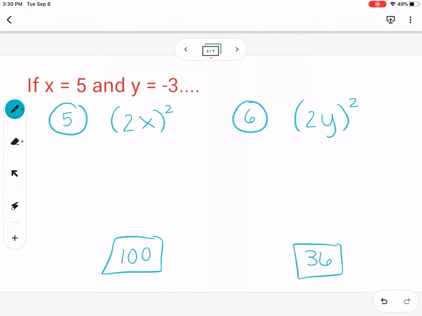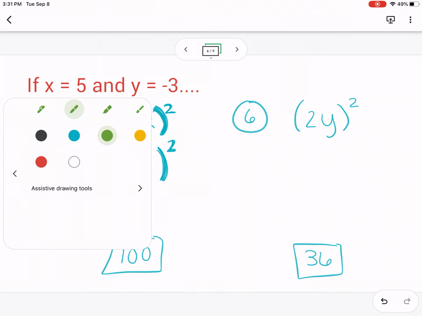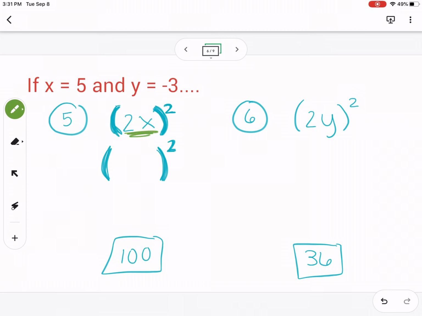So here's our explanation for number 5. I'm going to keep these parentheses here. I don't want to lose them because that goes with our power. So I'm going to make sure that those parentheses stay. I'm going to kind of bold them with my pen for you guys. On the inside, I'm going to focus on this 2x. So 2 times x, in this case, 2 times 5.